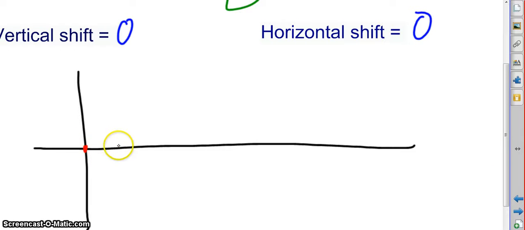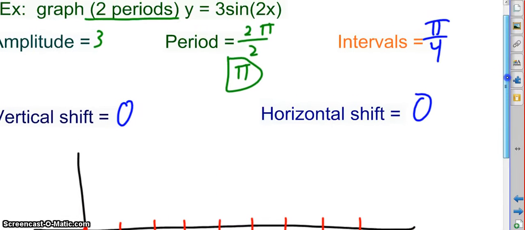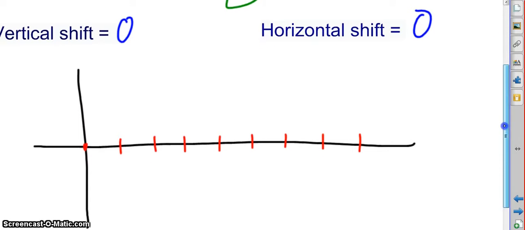So this is 1, then I'm going to do 2, 3, 4, 5, 6, 7, 8, 9. And all I'm trying to do is make them look evenly spaced apart. Doesn't have to be perfect. Those are my intervals, which is how I'm going to count by my intervals, what I talked about in terms of my strategies.